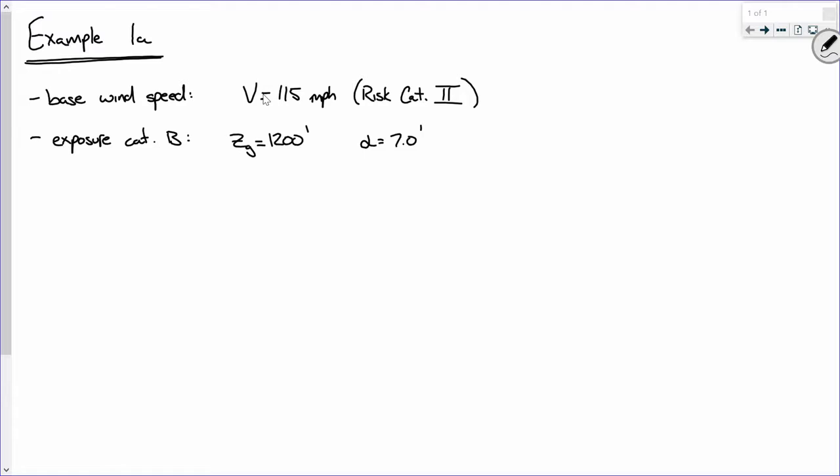Okay. Now we've got our topographical constant to equal 1, which again, that's largely always going to equal 1 unless you have a really weird situation, like the building's on top of a hill or something. And also our directionality factor is going to be 0.85.